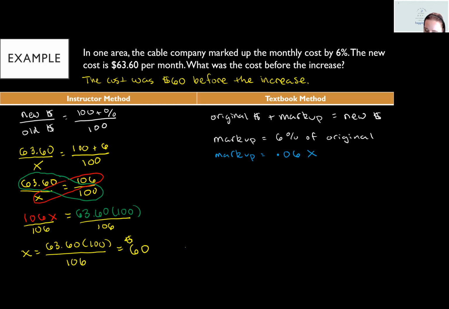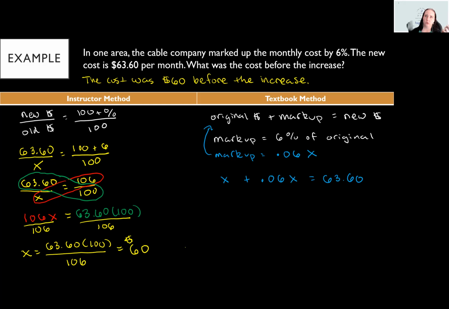Of means multiply, and then we're going to use X because we don't know the original price. So then you go back to our problem here that the original price plus the markup is the new price. The original price we don't know. Our markup is 0.06 times the original price. And then we do know the new price, that's 6360.